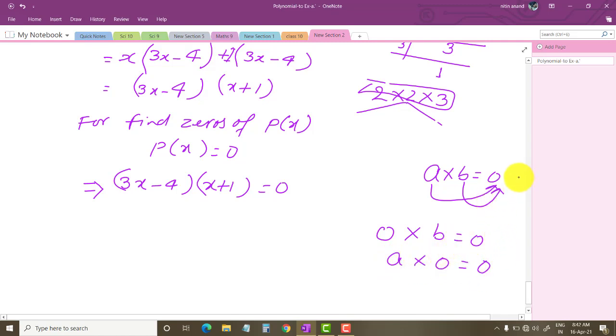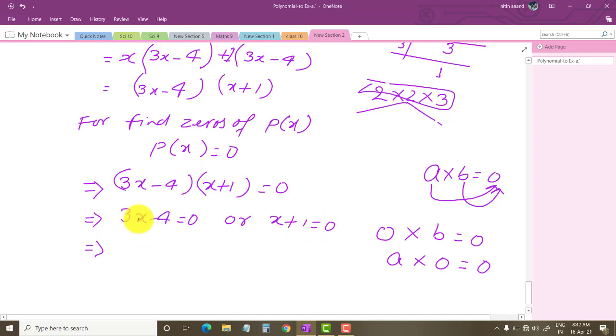That means if the product of two numbers is 0, then either the first number is 0 or the second number is 0. Then that will be 3x minus 4 equal to 0, or x plus 1 equal to 0. These two cases will be here.